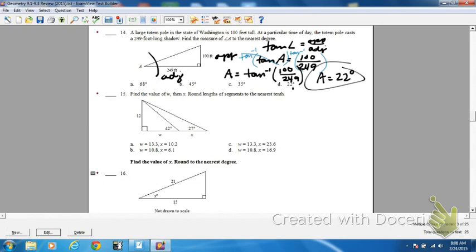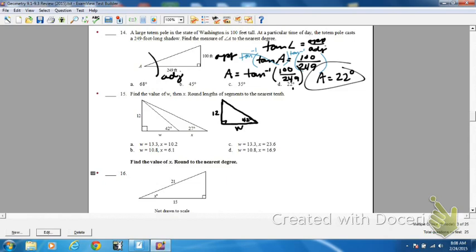Number 15 is kind of a sneaky problem. We actually need to draw our two different triangles here. We have a smaller one, it's a right triangle with height 12 and angle 42 degrees and a base that is length w.